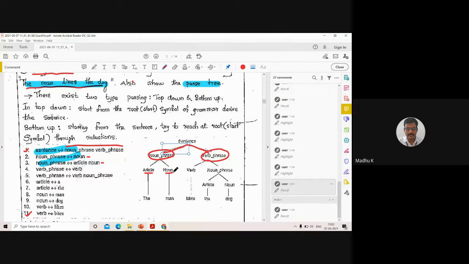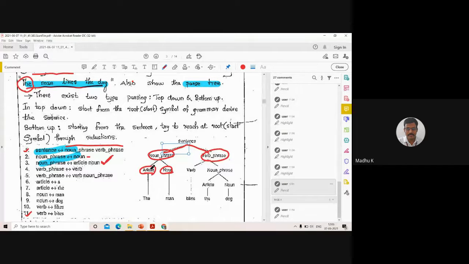What is the article? Here, the is the article. We want to derive a string starting with the. If we applied noun alone, then the sentence would always start with a noun, and the would not be included. So to include the article, we should use the production article noun. We should replace noun phrase with article and noun.